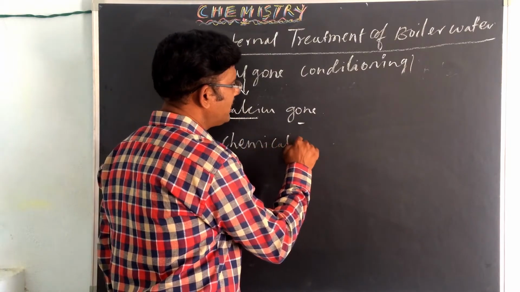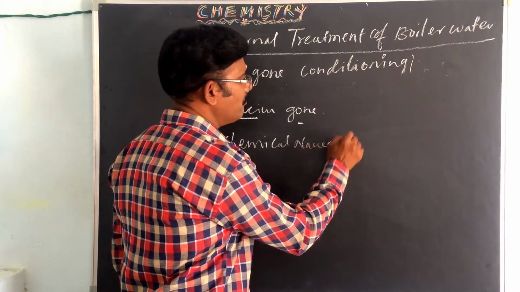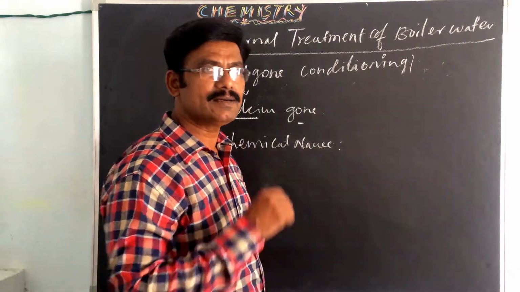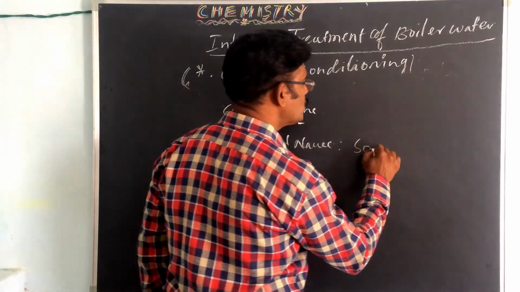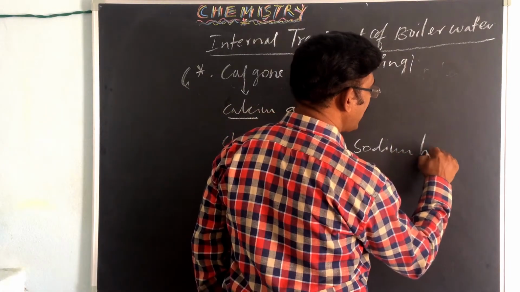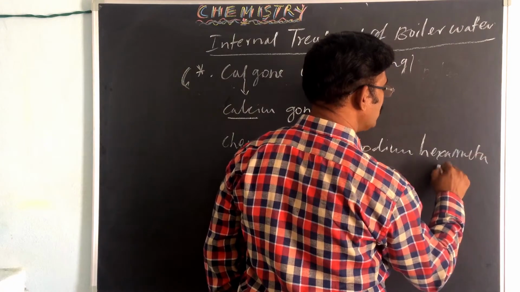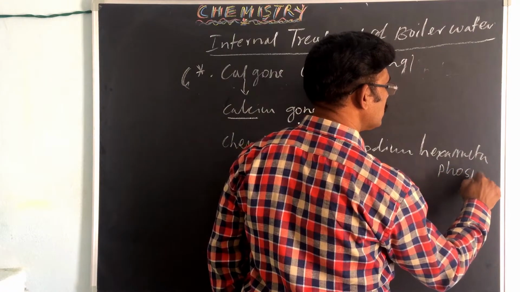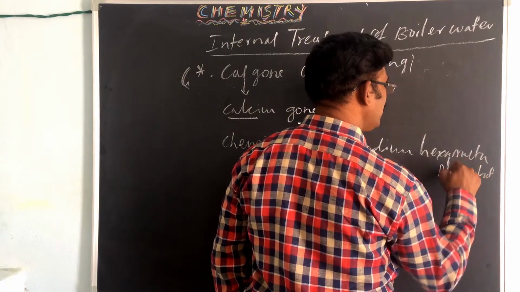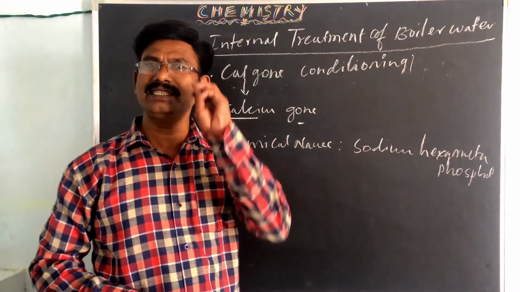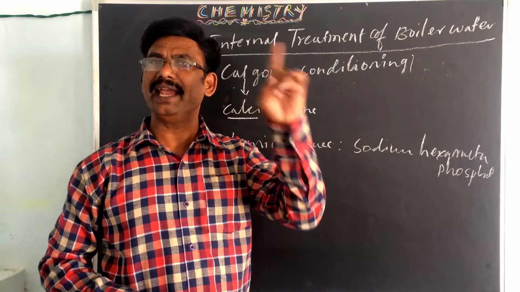The chemical name is sodium hexametaphosphate. Anybody tell me that formula? Sodium hexametaphosphate. Hexa means 6. Sodium means Na.